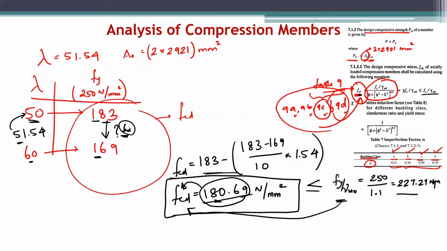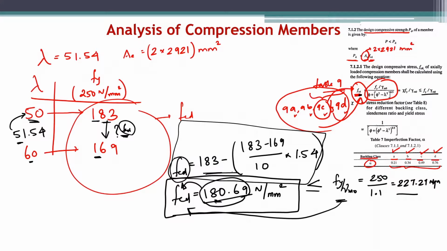This linear interpolation can be done in many other ways. One among them is using a calculator. The linear interpolation can be done directly, or else you can follow this manual linear interpolation.